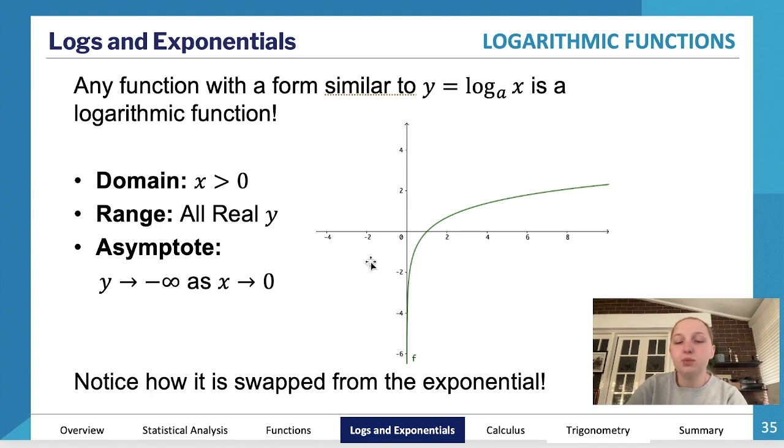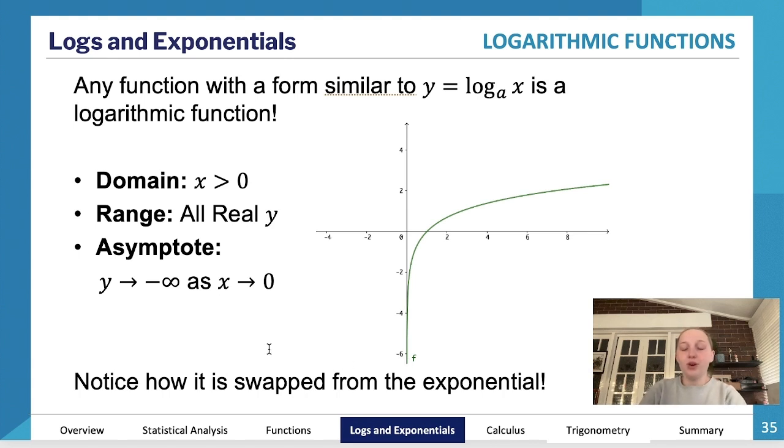All real y values are possible because this will just keep going down and down, and this will just keep going up and up. And then you do have an asymptote: as y approaches negative infinity, x will approach 0. But like we said, x will never touch it.